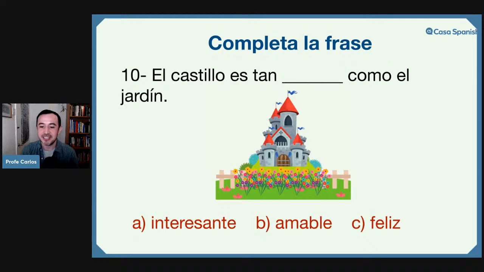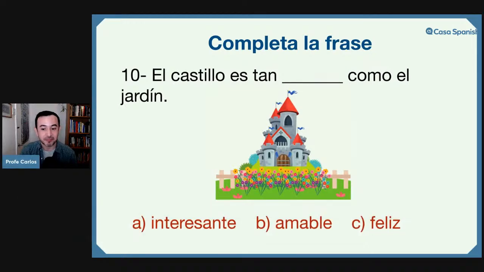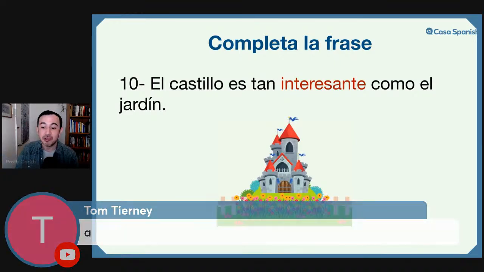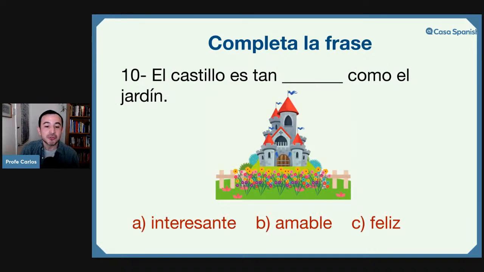¿Qué tenemos aquí? Jim is saying interesante. Do you guys agree? El castillo es tan interesante como el jardín. In this case, it is correct. That is correct. Interesante. Excelente, Tom. Buena respuesta. So as you can see, we cannot use amable.